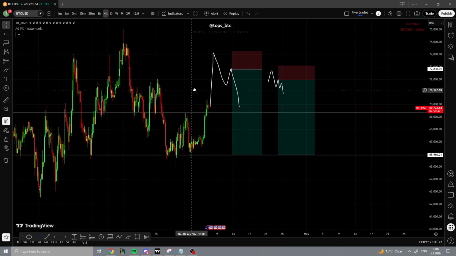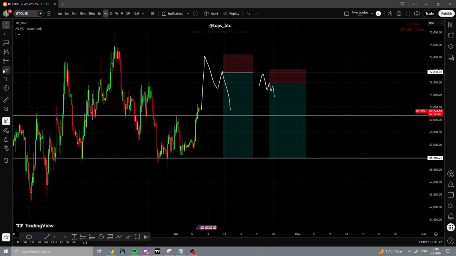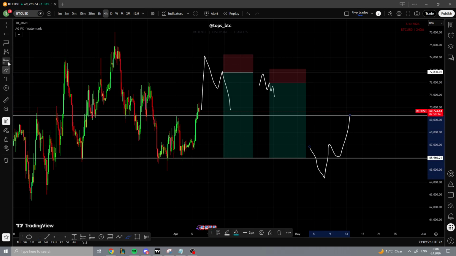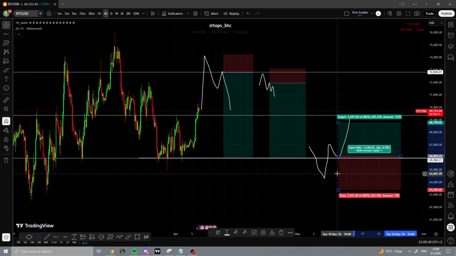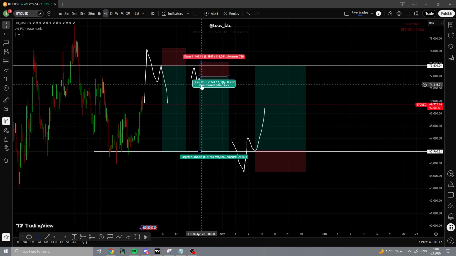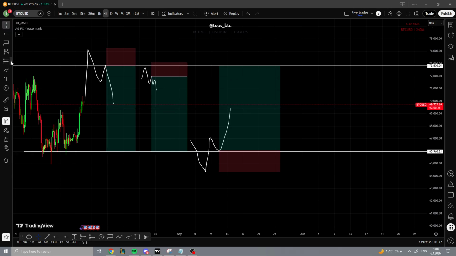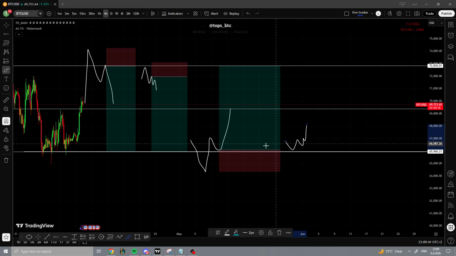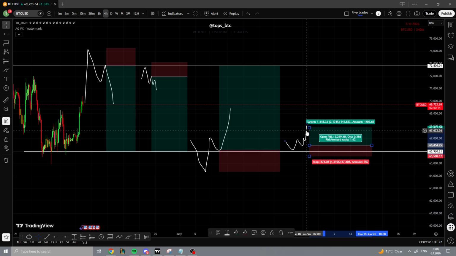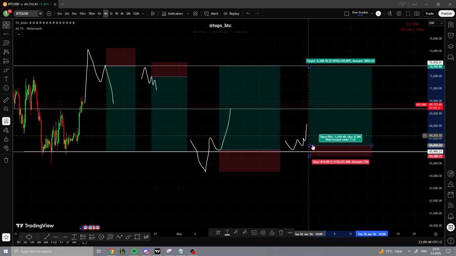And for longs, I'm going to be doing pretty much the same thing, just opposite. Either we break below the range and then regain it, then I long and put the stop below the low, aiming for mid-range and range highs, or I get a reaction off range lows right away, and then I long with the stop right below the range lows, aiming for range highs, something like this.